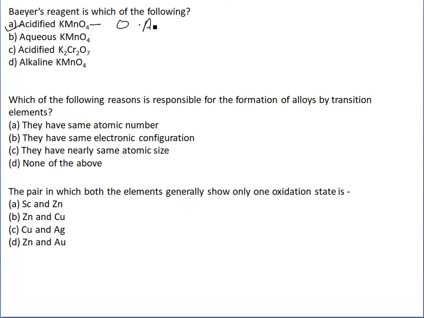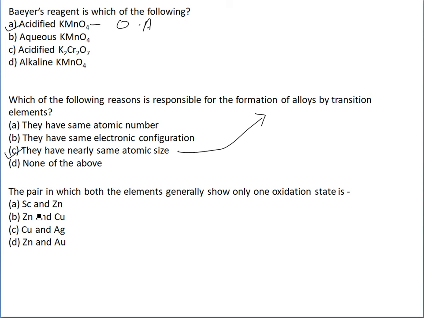Okay. Which of the following reason is responsible for the formation of alloy by transition elements? The reason is they have nearly same atomic size. That's why they form the alloys. The pair in which both the elements show only one oxidation state.